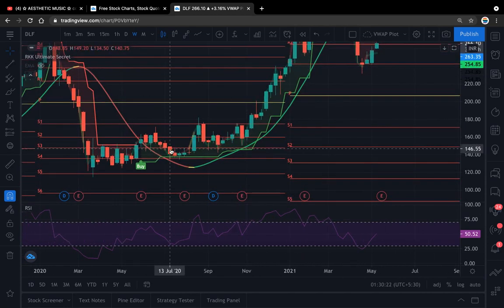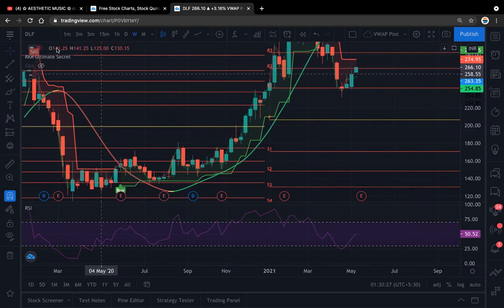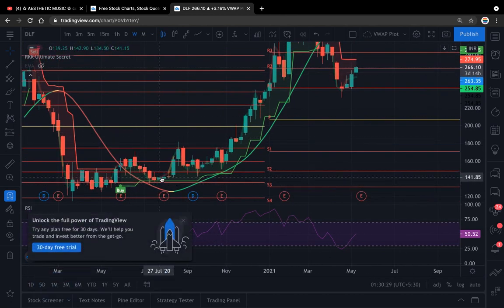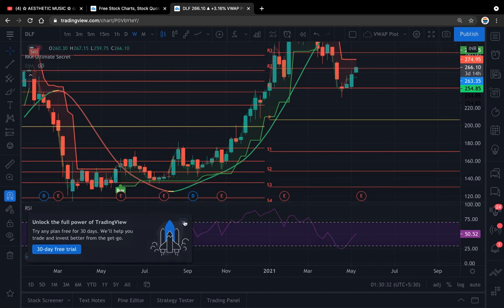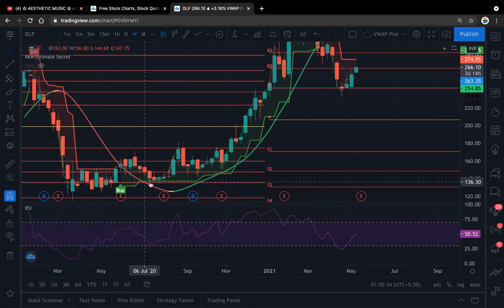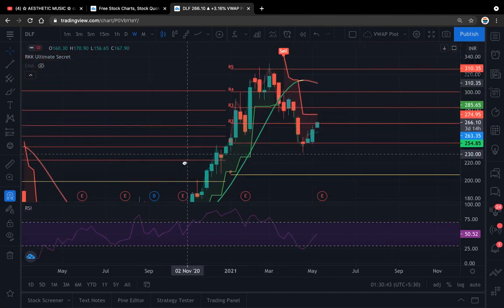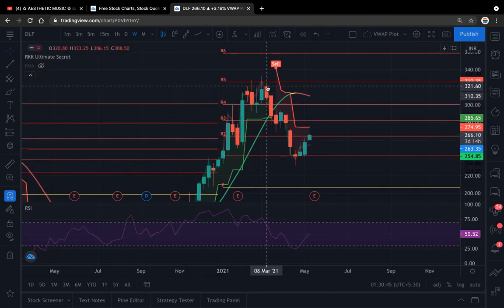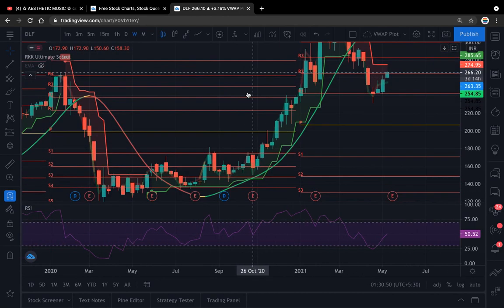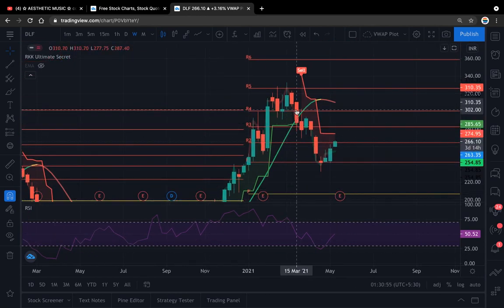Look at this. When this gave a buy signal, look at the rally of DLF. It gave a buy signal at around 141, plus this also gave a buy signal. If we had entered at even 160, look at the target, 320. It doubled our money from 26 October till March.